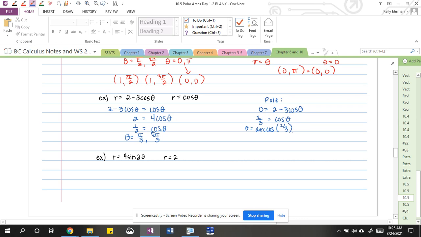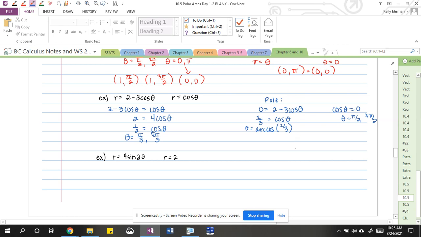That is an angle though, right? That's doable. It's not like cosine equals 3/2, no solution. That is a solution. So yes, the first curve hits the pole. And does cosine theta equal 0? Yep, at pi/2, 3 pi/2. Okay, so both hit the pole.